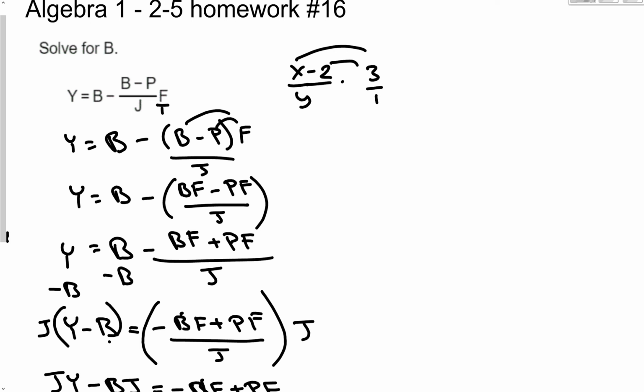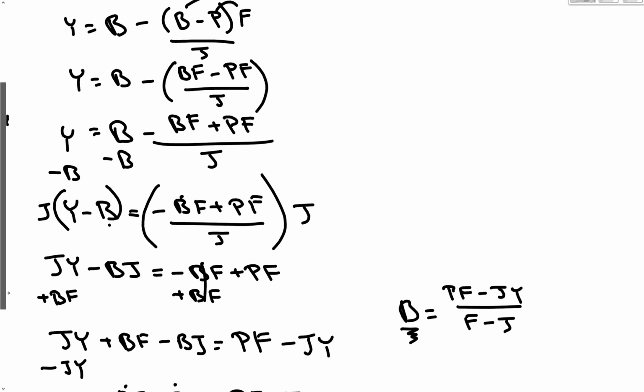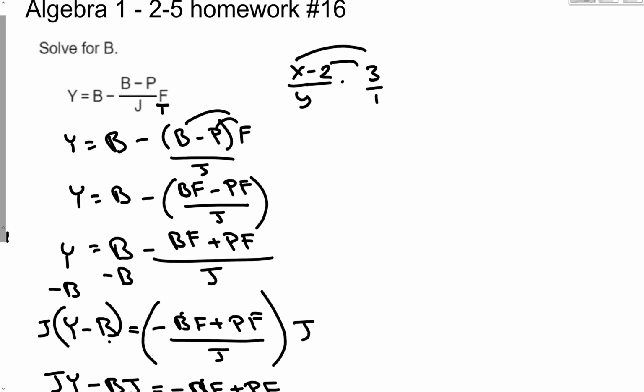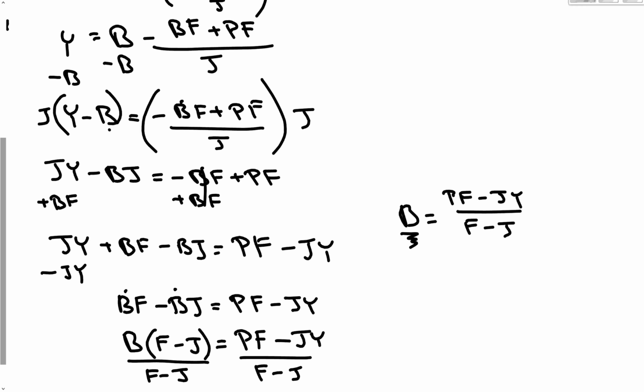Move this front b over to this side, clear the fractions by multiplying by j. Get everything with a b to the left-hand side, everything without a b to the right-hand side. Factor out the b, and then divide out the expression that's left over. The steps should be fairly similar, and if you follow that, you should be able to get this question right.